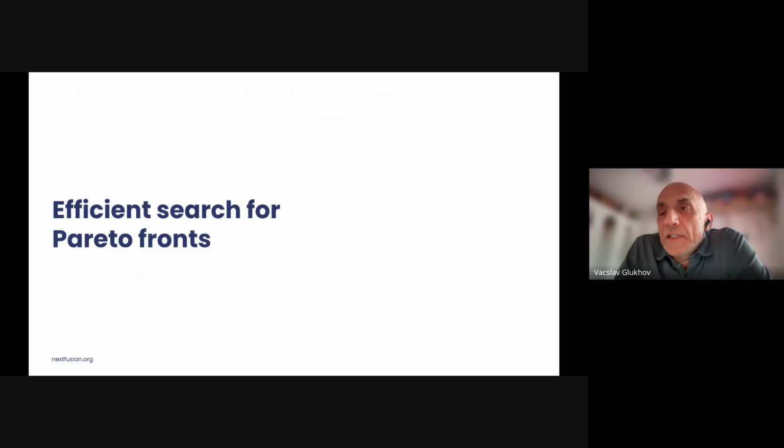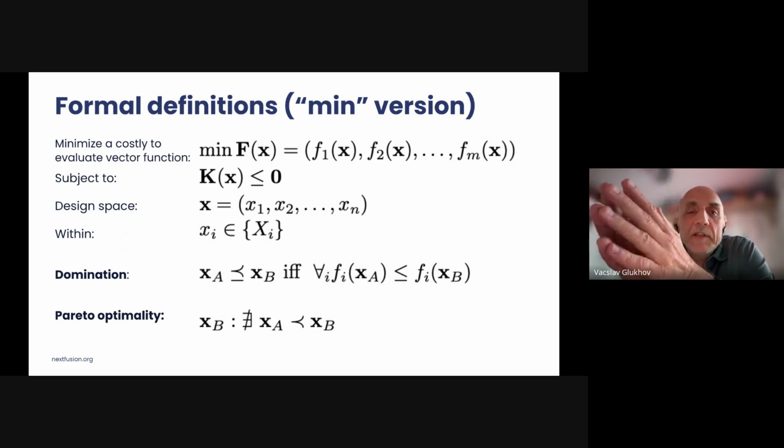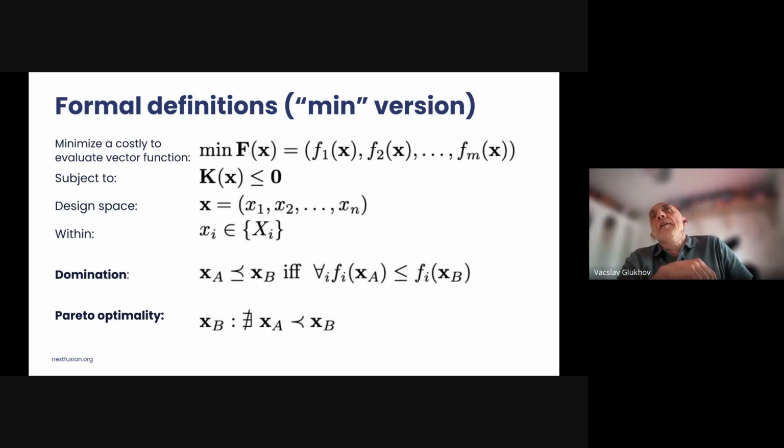How do we do that efficiently? There are a number of algorithms, so let's first introduce some formal definitions. We want to optimize a vector function. That's the representation of our multi-objective design. Typically, this function is hard to evaluate, very expensive to evaluate. Whether we use a physical experiment or a computer experiment, it's hard to evaluate, and that's the main problem.